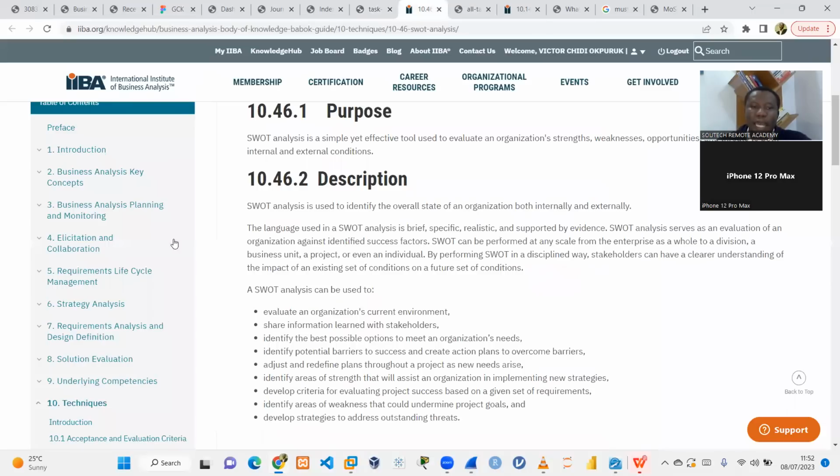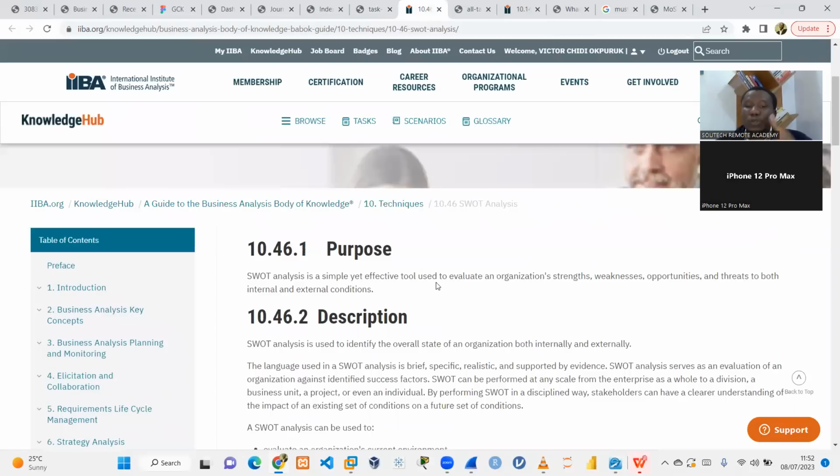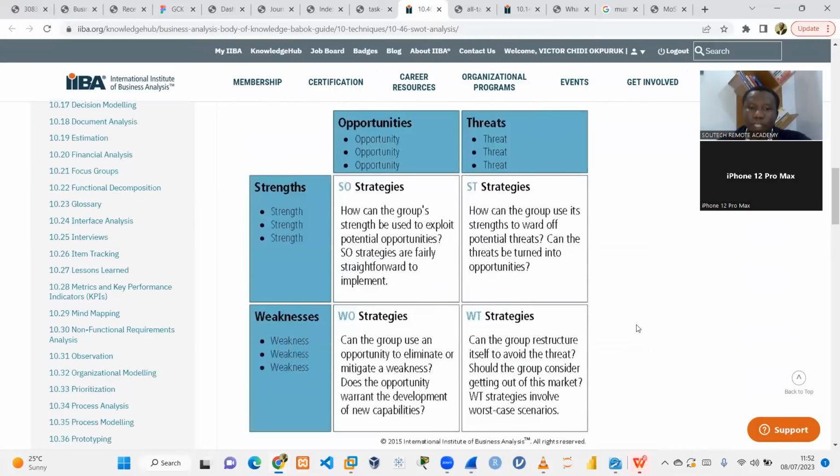Look at the SWOT analysis technique. SWOT analysis is a simple yet effective tool used to evaluate an organization's strengths, weaknesses, opportunities, and what? Threats. To both what? Internal and external conditions. Look at what it looks like.